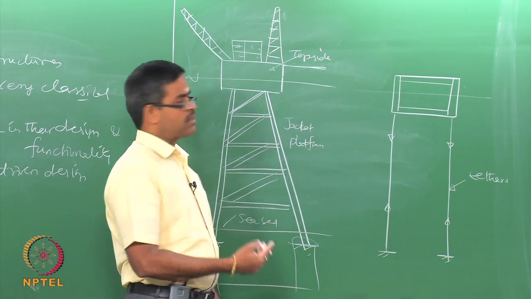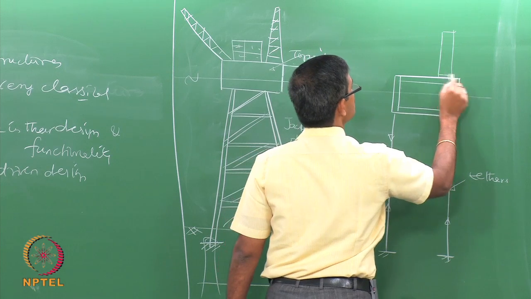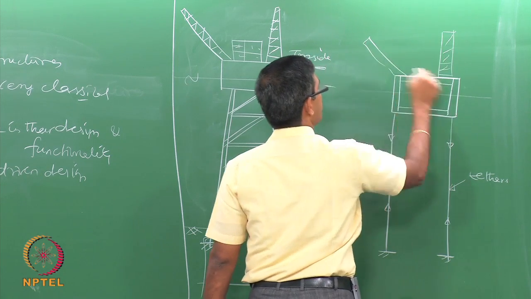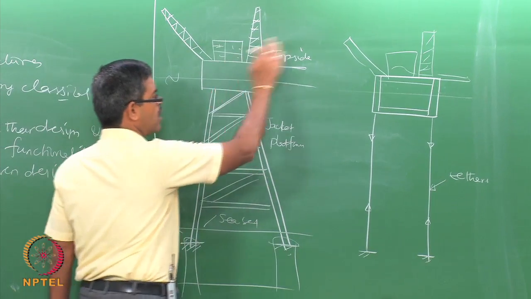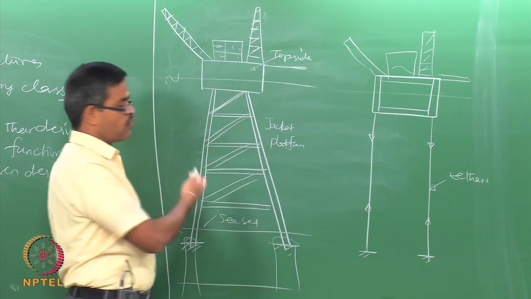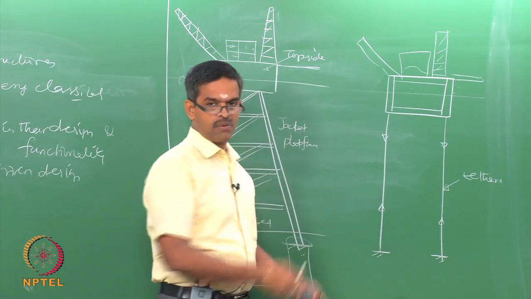Now, look at the geometry. The top side of course is going to be common, similar to this. The functionality is more or less similar because this is also used for oil production and exploration.